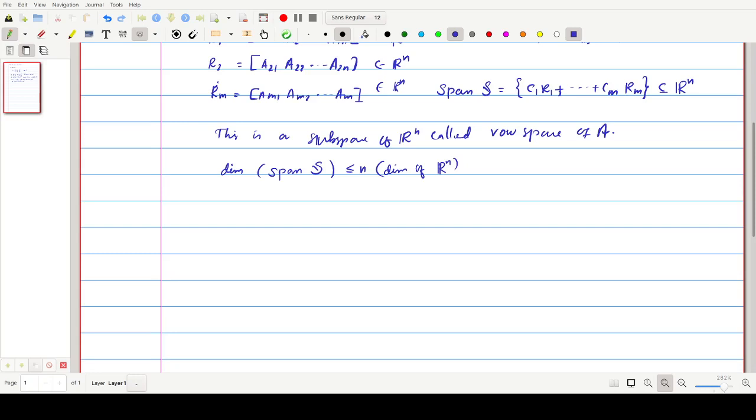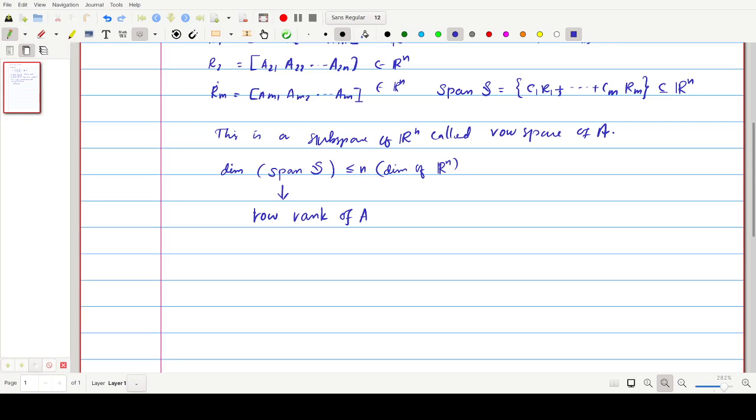This dimension is what we call the row rank of A. Row rank of A is the dimension of the row space of A. The row space of A is the subspace spanned by the rows of A in R^n.